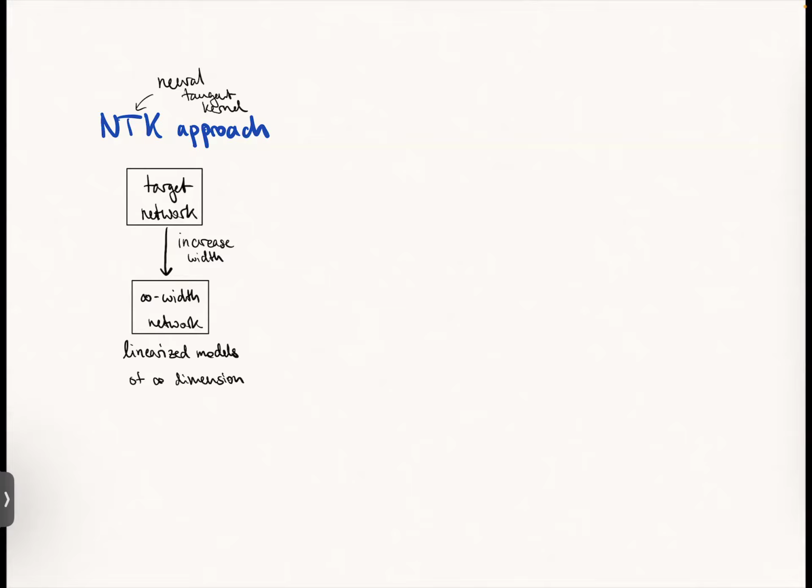But some of you might be familiar with that one popular approach in deep learning theory is the so-called NTK approach, where NTK stands for neural tangent kernel. And this is a simplified picture of this approach.